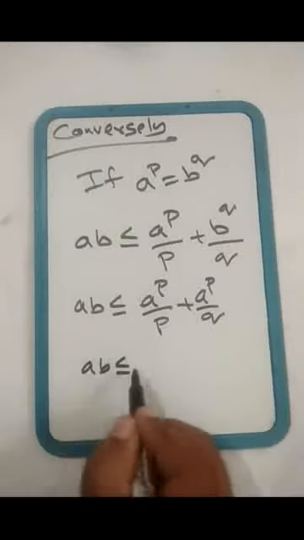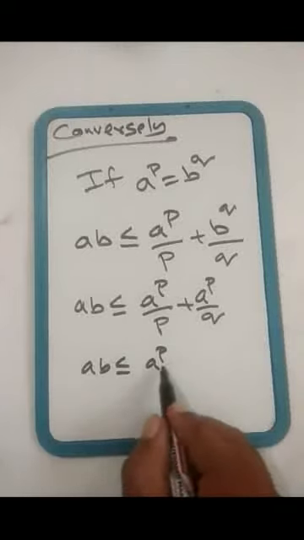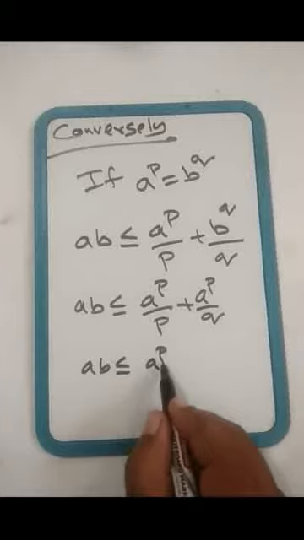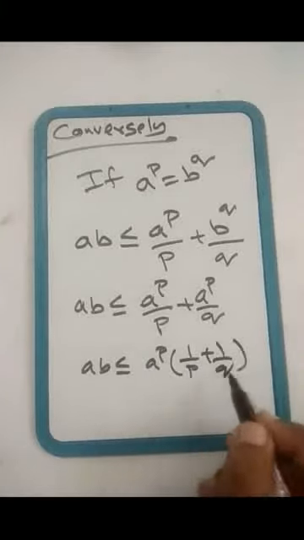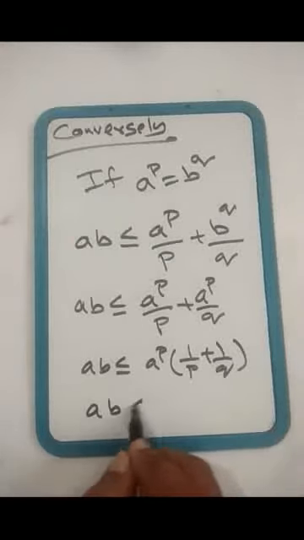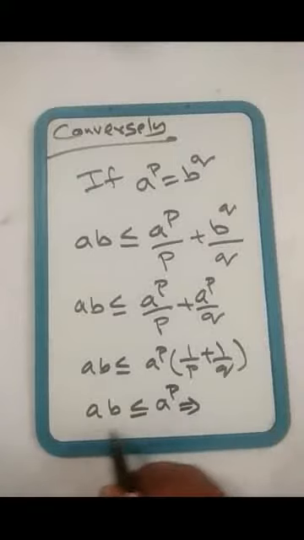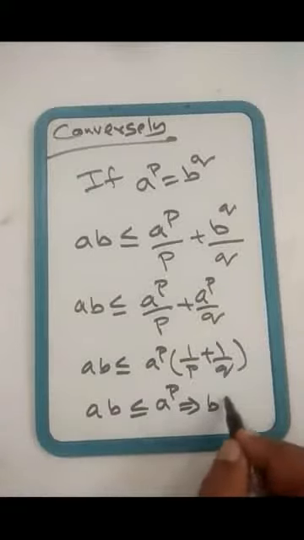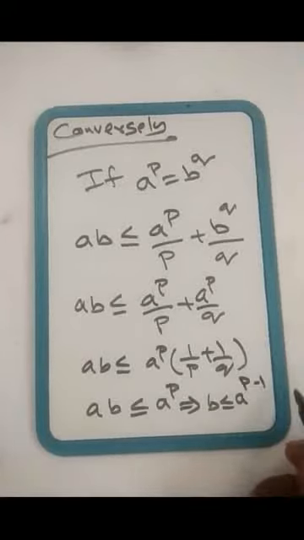So AB is less than or equal to a raised to p times 1 by p plus 1 by q. But 1 by p plus 1 by q is 1. So AB is less than or equal to a raised to p. This implies b is less than or equal to a raised to p minus 1.